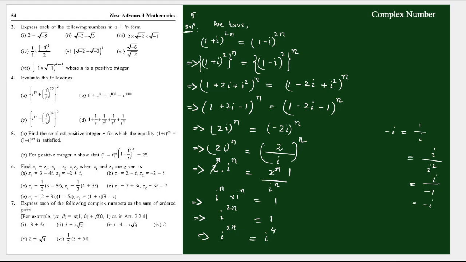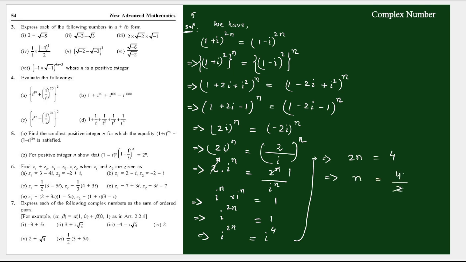So 2n equal to 4, and n is nothing but 4 by 2. If you cut, you will get n equal to 2.